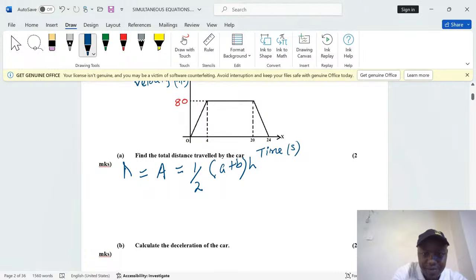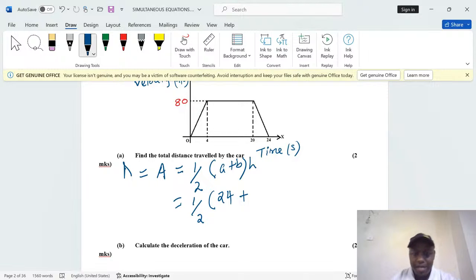Therefore, in this case, if we substitute now, we start with a half into A, the first side. The first side is from 0 to 24. That will give us 24. Then we add the other parallel length, from 4 all the way to 20. That is giving us 16.